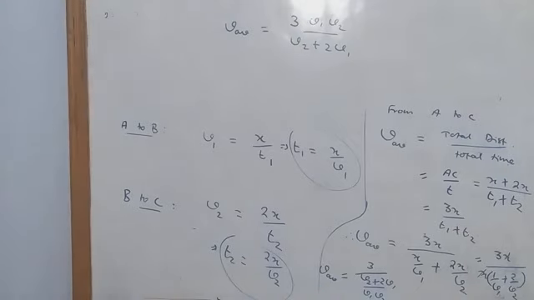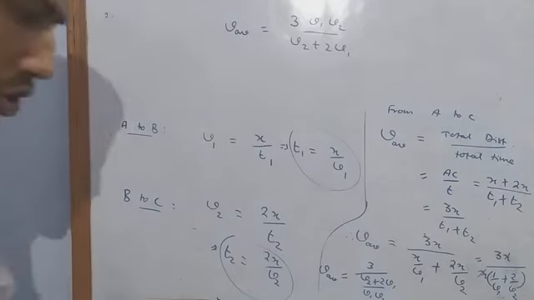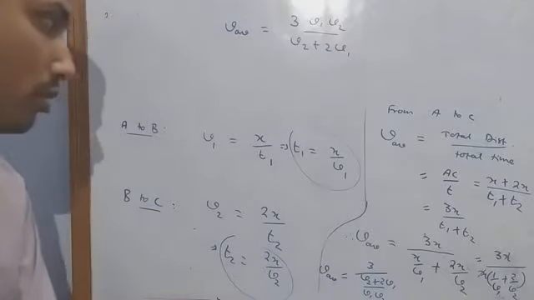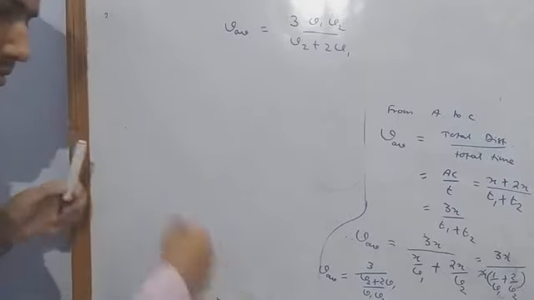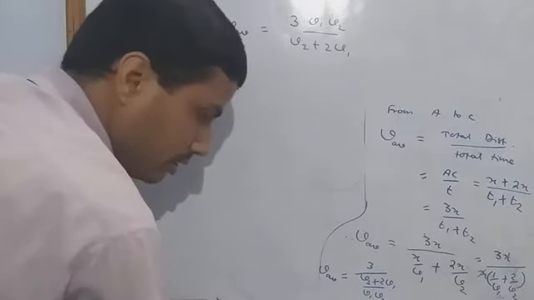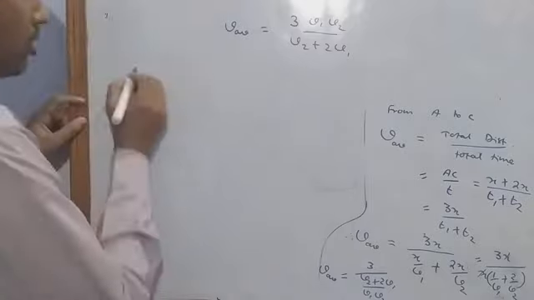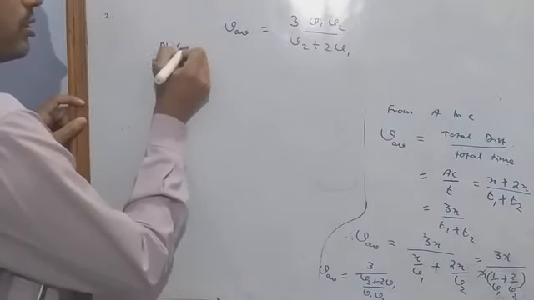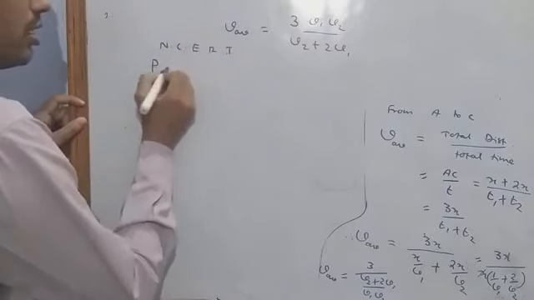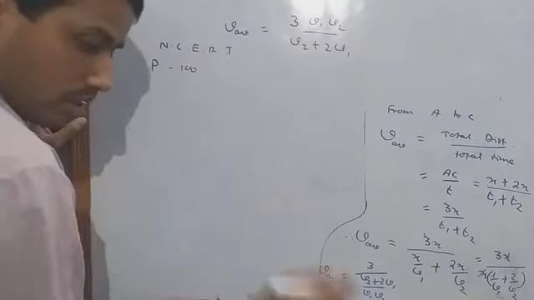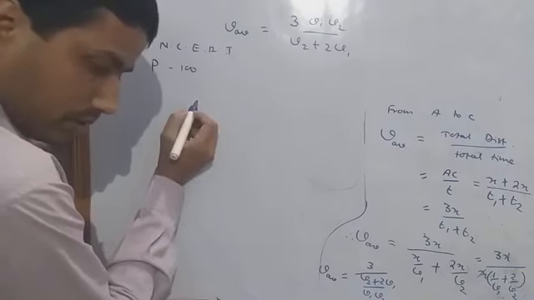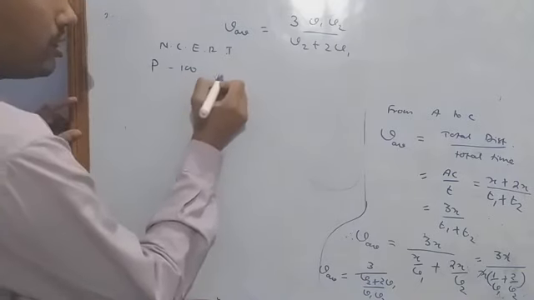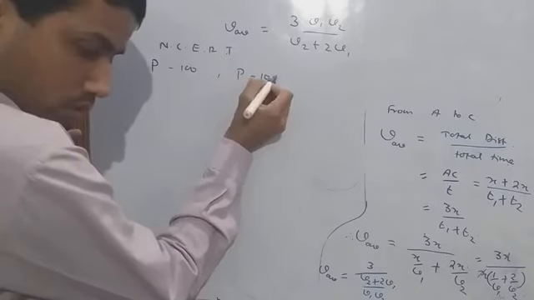Whatever examples I have discussed today, please go through them properly and try to solve some questions from your NCERT, students. I am giving you the task for today. From NCERT, you see page number 100 and page number 102.